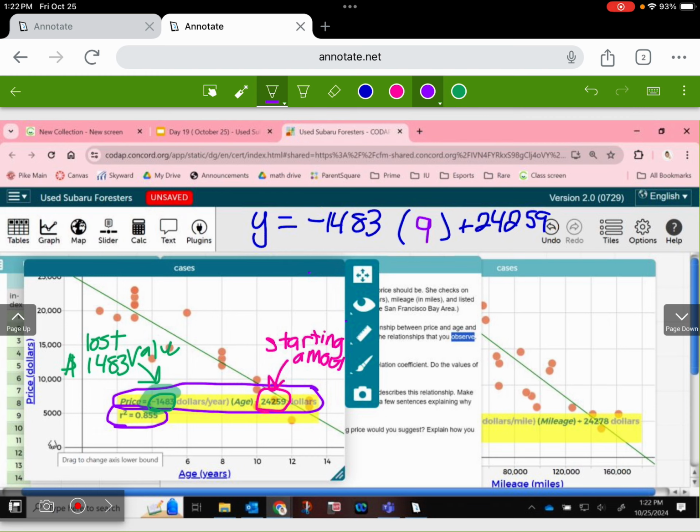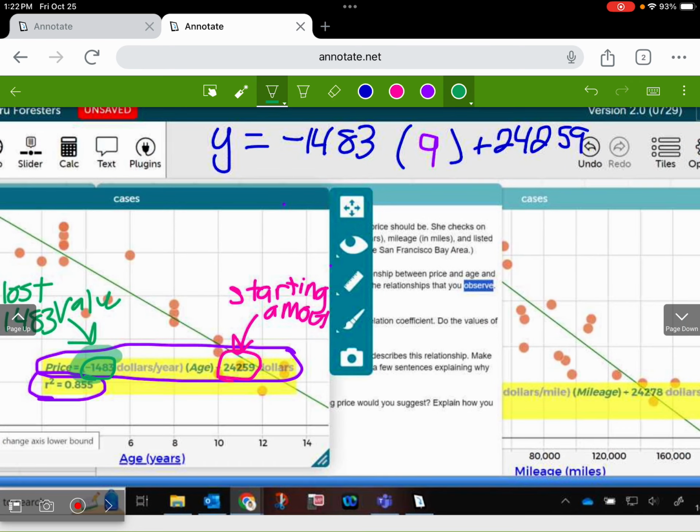But you were right. Technically, we want to be specific. So her price for a 9-year-old car would be $10,912. If she just went to CarMax, they'd give her $500 and call it good.